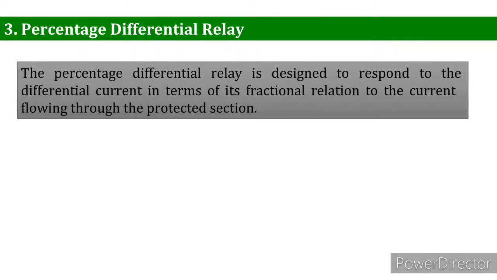Well, the third type of differential relay is the percentage differential relay. We may define this as a relay that operates on the phase difference of two or more similar electrical quantities. It is the advanced form of differential protection relay.